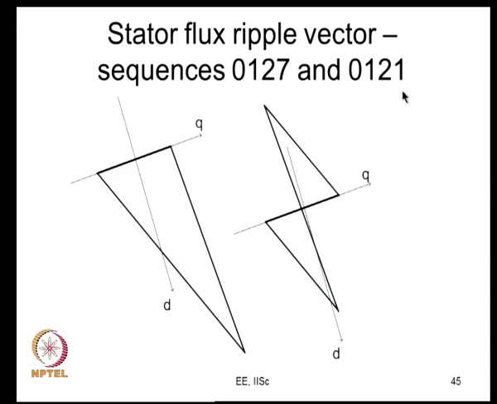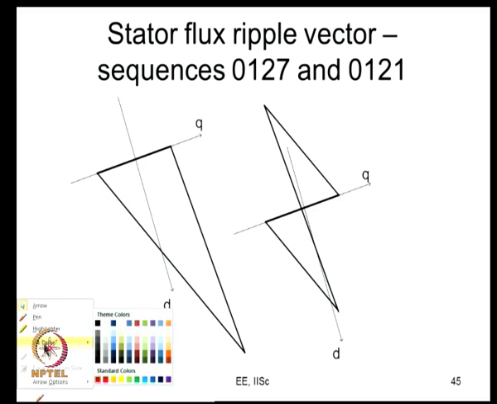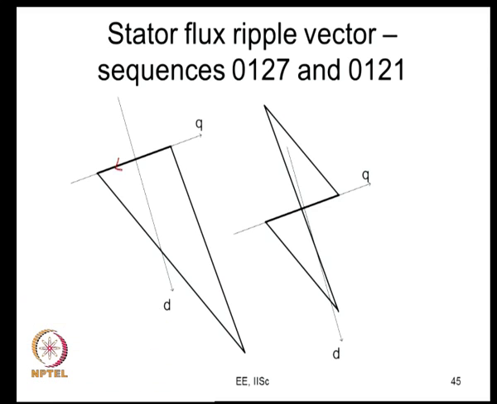So, if you use 0, 1, 2, 1 for example, what is happening is this is when 0 is applied, this is when 1 is applied, this is when 2 is applied, this is when 7 is applied. So, this is your flux ripple vector or current ripple vector trajectory.